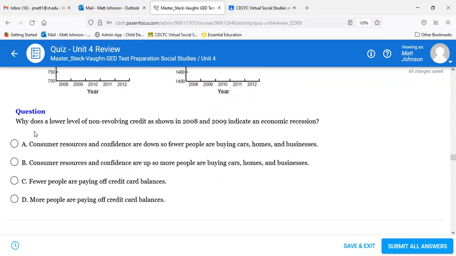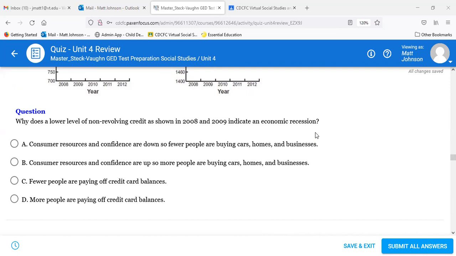Okay, number 14, why does a lower level of non-revolving credit as shown in 2008 and 2009 indicate an economic recession? A, consumers' resources and confidence are down, so fewer people are buying cars, homes, and businesses.